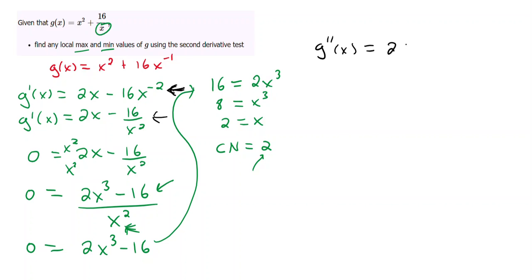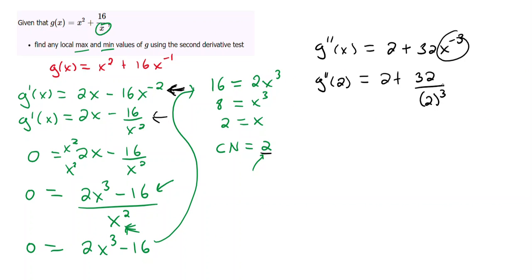The negative comes down, so plus 32 x to the negative 3. So now if we plug our critical number of 2 into the second derivative, we get 2 plus 32 over 2 to the 3. I just rewrote this down on the bottom. Hopefully that didn't confuse you. And what we get is a second derivative equal to 6.